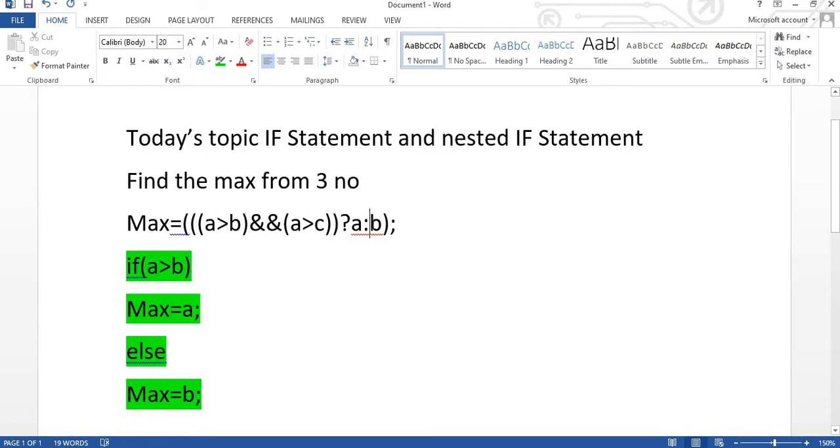Here we check again whether b is greater than c or not. If b is greater than c, then again you check the condition, the answer is b, otherwise c.